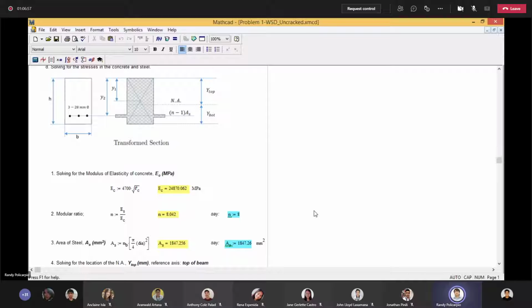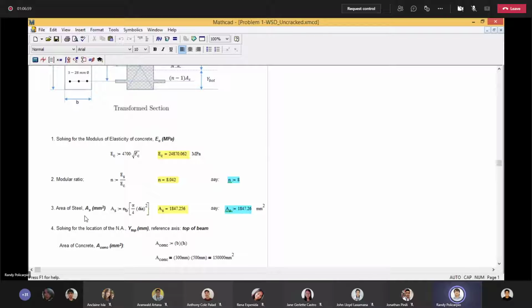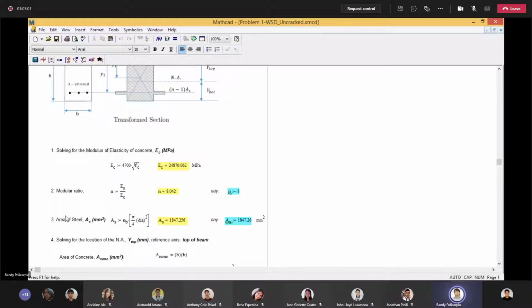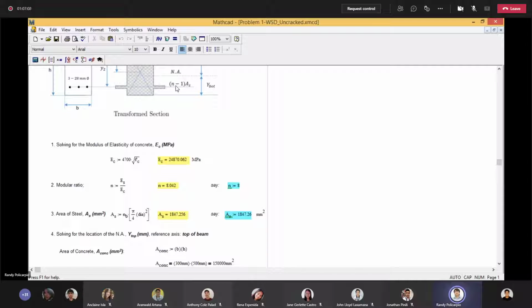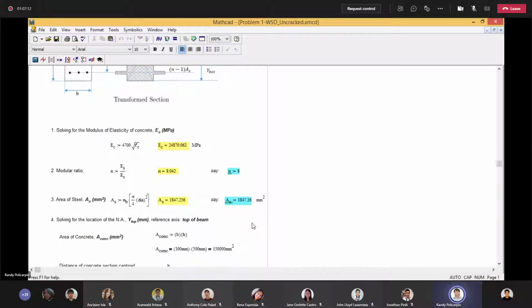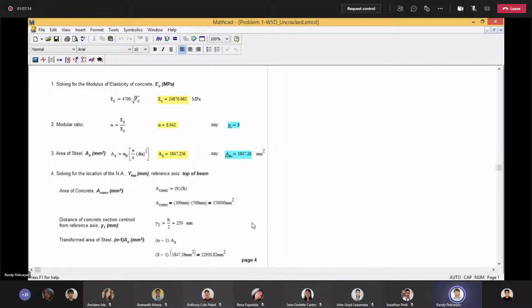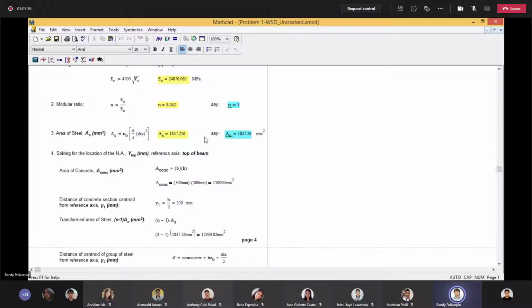So n now is 8. Then we will solve for the total area of the tensile reinforcement so that makukuha natin yung n minus 1 As. So this is now the result. And then once we have this area, we may determine now the location of the neutral axis.